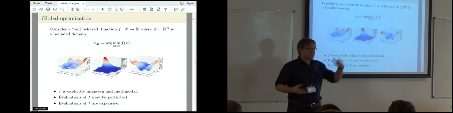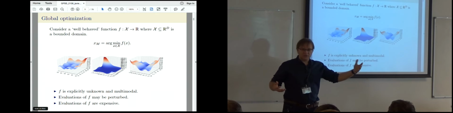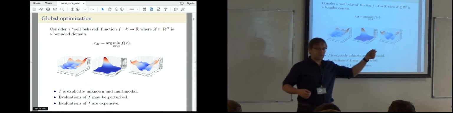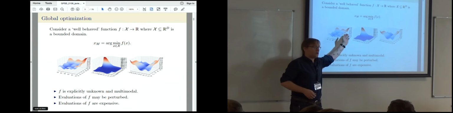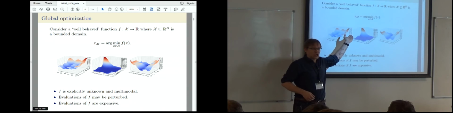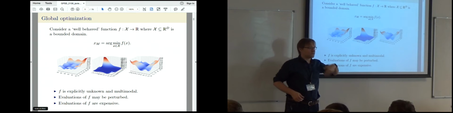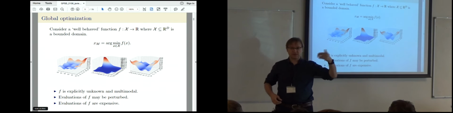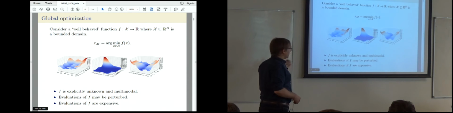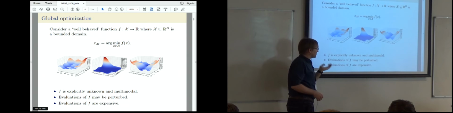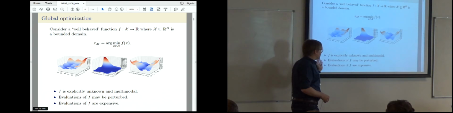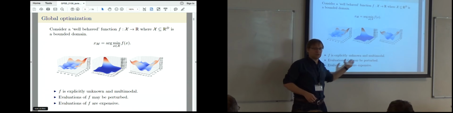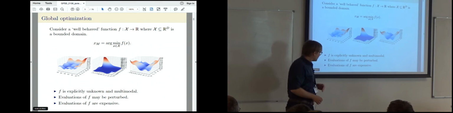You can have a piece of code that you can query, from which you can evaluate the mean square error for a particular configuration of the neural network, but you have no way of writing explicitly this function in terms of the input data that you have and the parameterization of the network, right? So in most cases, in machine learning, we have functions that we want to optimize, which are explicitly unknown, and which are also multimodal as well.